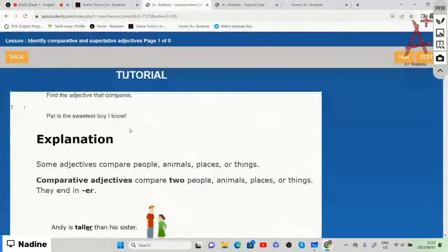They're asking, find the adjective that compares. Pat is the sweetest boy I know. We need to identify the adjective that compares.